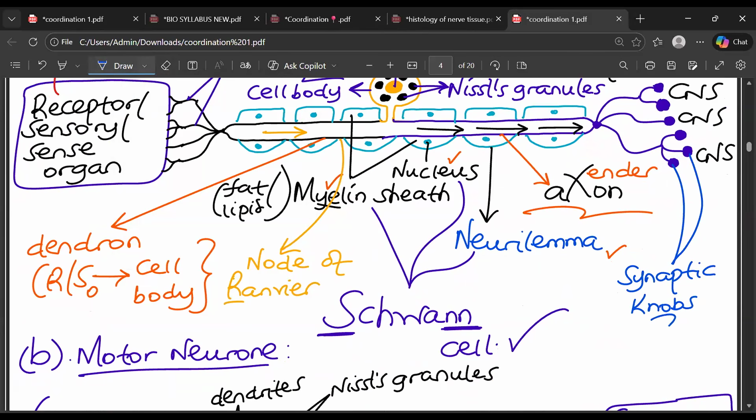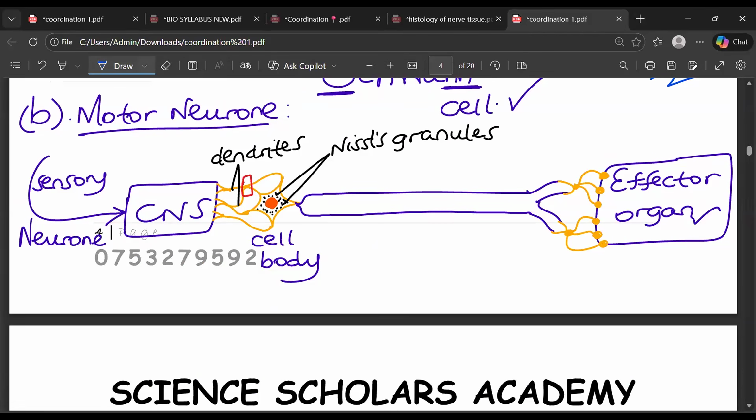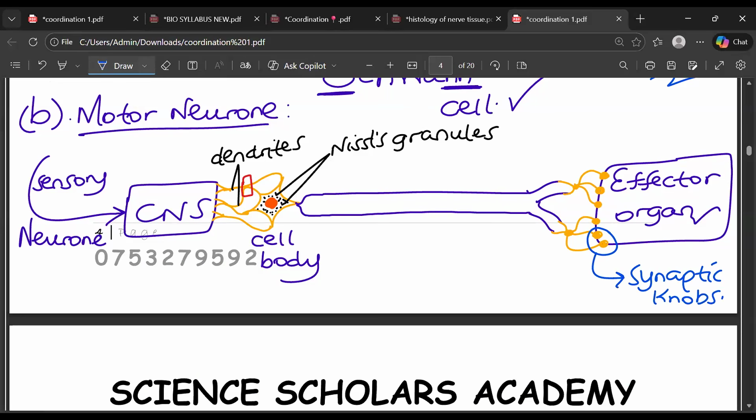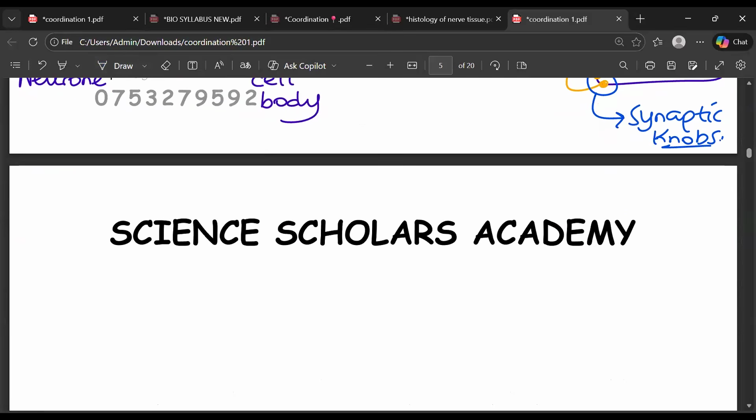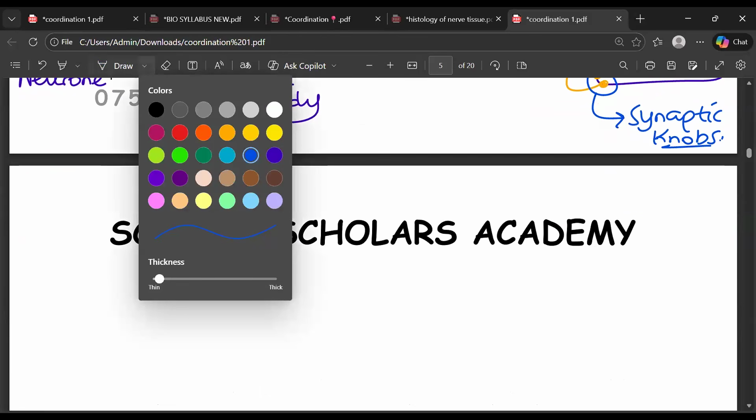I'm going to tell you what they call a synapse. Someone may be like, but why are they really called synaptic knobs? Yeah, those ones are called synaptic knobs. Okay, so this is it.